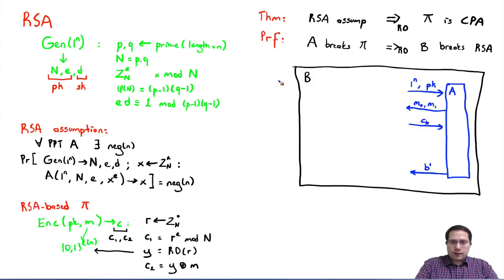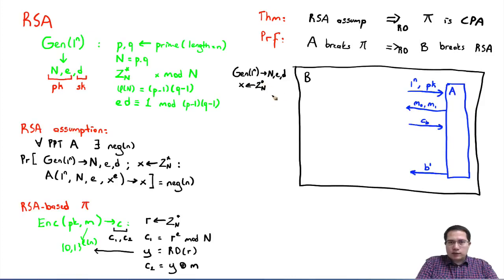On the other hand, what's the game B is playing? B is trying to break the RSA assumption. The RSA assumption says, some challenger outside, we can call this challenger C if we want, runs this Gen algorithm to obtain N, e, and d. The challenger also picks some x from Z_N star.